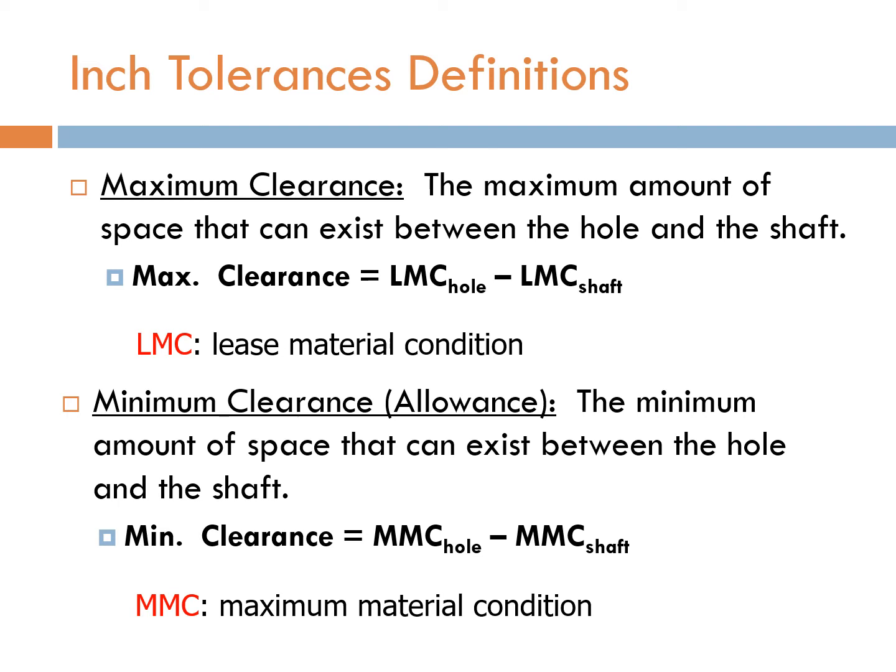The LMC represents the least amount of material. Now, the minimum clearance is also known as the allowance. If you're smaller than that, then it will not fit naturally. And that is defined by the MMC of the hole minus the MMC of the shaft.